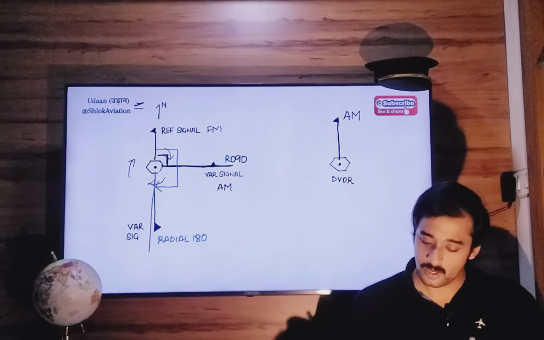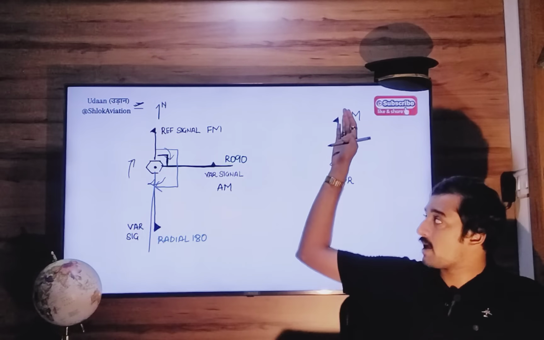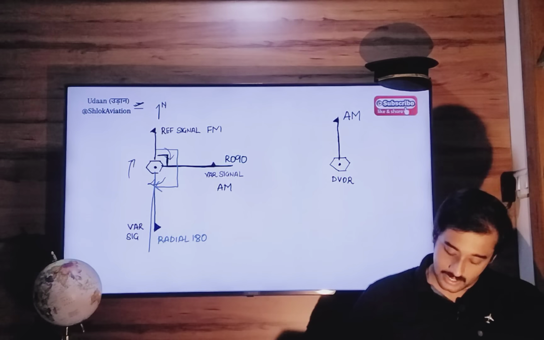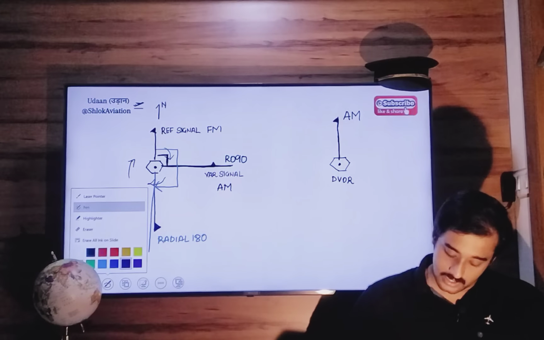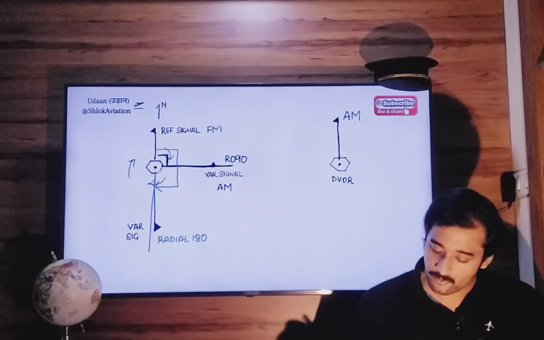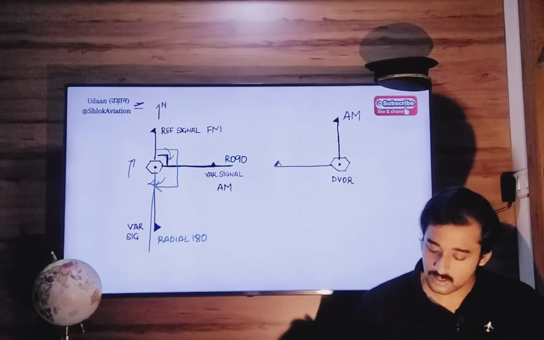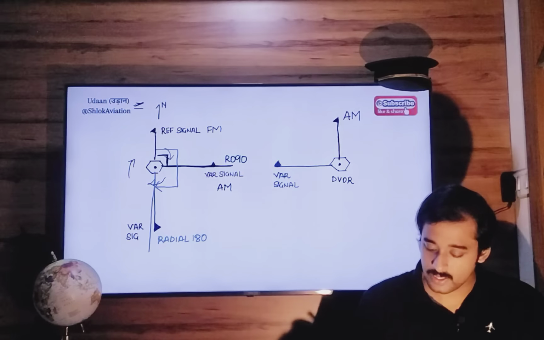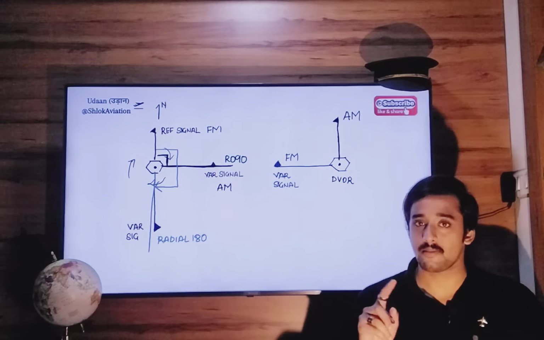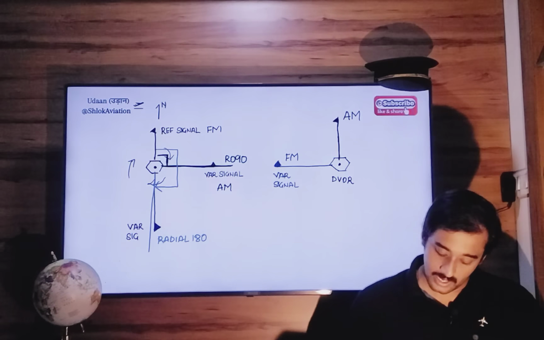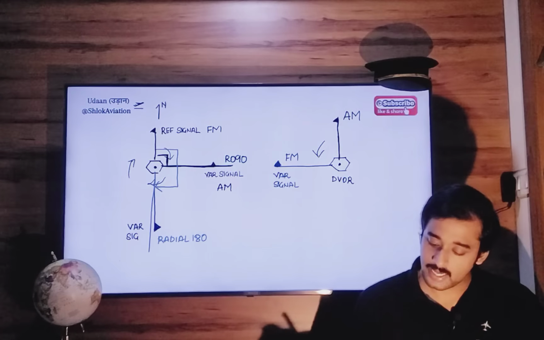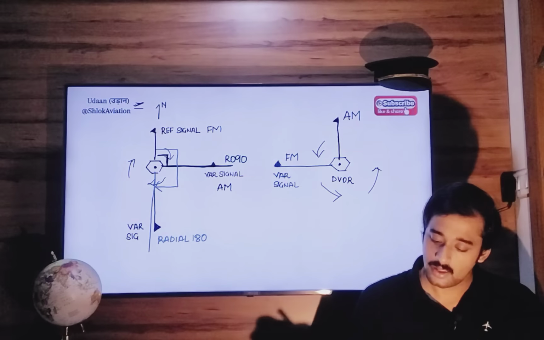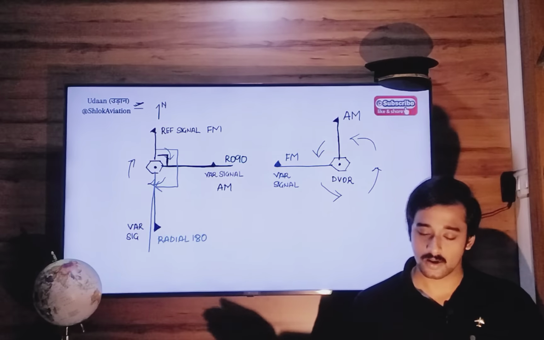But in case of Doppler VOR, the reference signal is amplitude modulated, and the variable signal is frequency modulated. So the reverse happens. And in this case, this variable signal will rotate anti-clockwise.